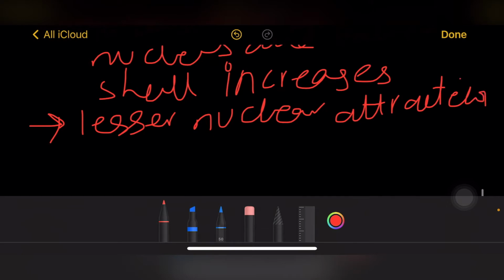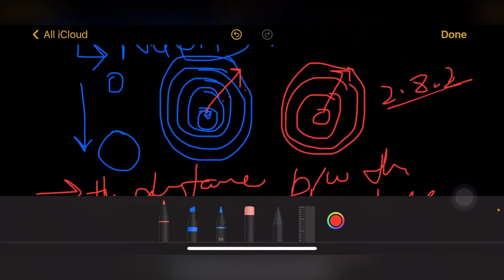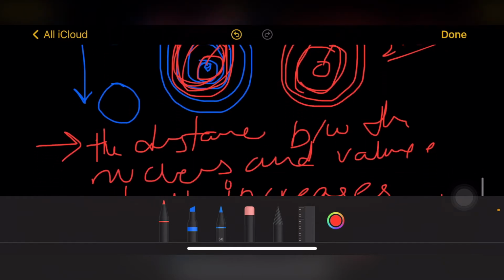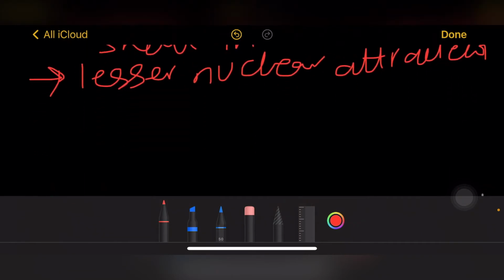Okay, so basically the shielding is also increasing because the number of shells is increasing. So these inner shells can shield the nucleus better as compared to this one. So it is easier to remove an electron.